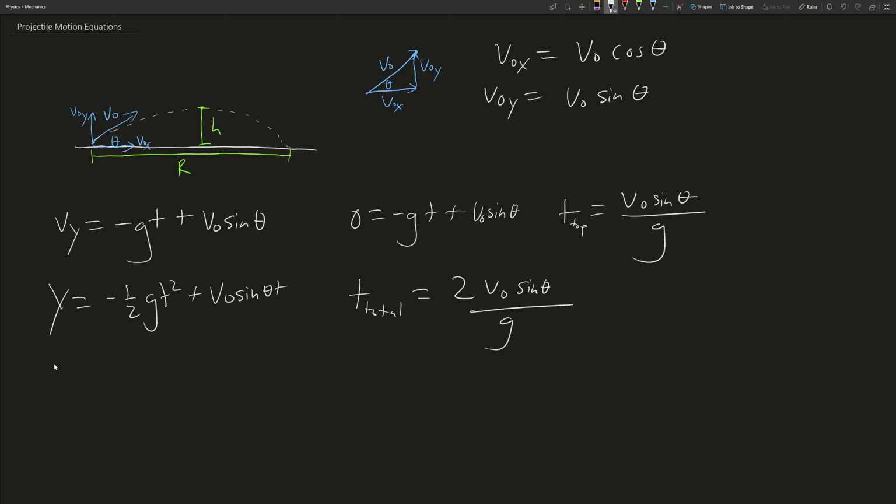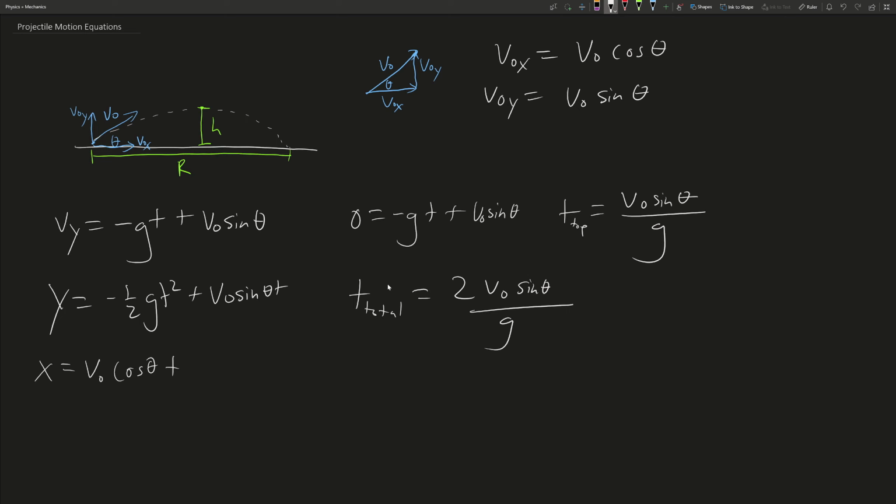Now, its motion in the x direction, since there's no acceleration in the x direction, can simply be described as the x position is equal to the initial x velocity, v0 cosine theta, times t.